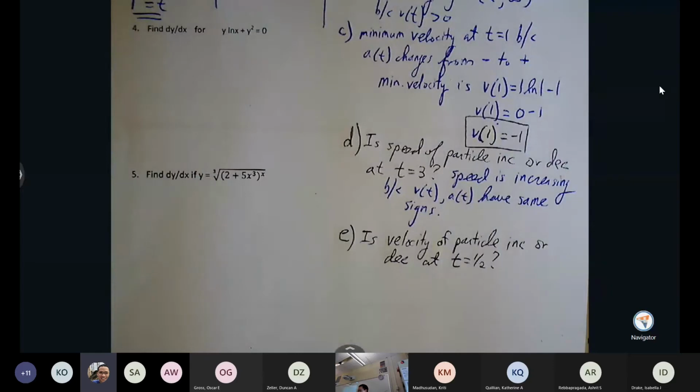So the wording is virtually the same. I'm just changing one word, which is affecting how we interpret. So do you guys remember, how do we interpret that? Where do we look to determine if the velocity is increasing or decreasing?